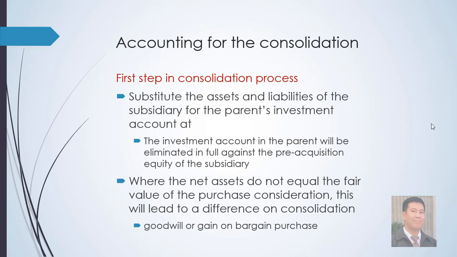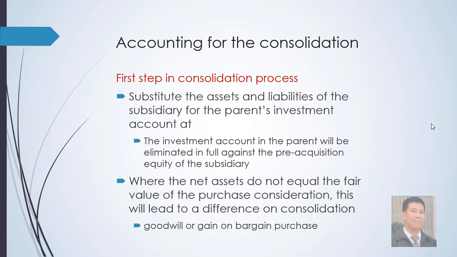Okay, let's do the accounting for consolidation. The first step of the consolidation process is to substitute the assets and liabilities of the subsidiary for the parent's investment account. The investment account in the parent's books represents the amount paid to acquire the controlling interest of the subsidiary.